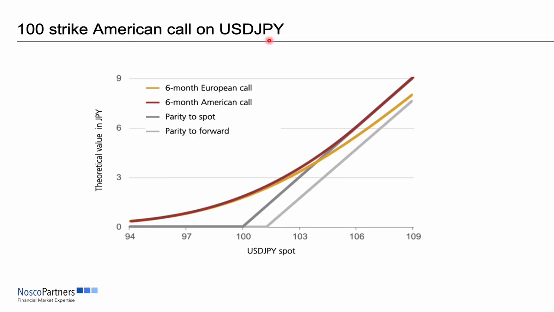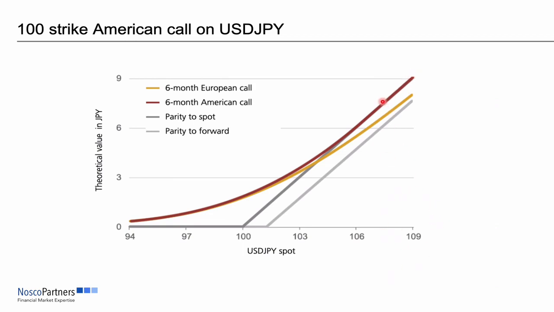So here, early exercising is beneficial if the option is deep in the money. And you see here on this right side, here's deep in the money. And deep in the money, here you can see that the value of the American call is higher than the value of the European call, and you see quite clearly, actually, the value is parity to spot, right? It is exactly on this parity to spot line if we are deep in the money.